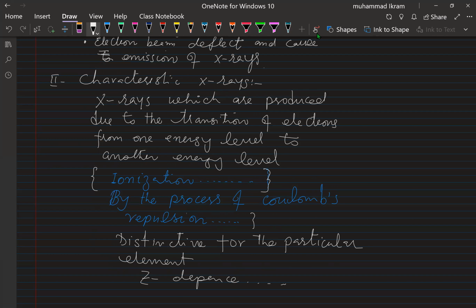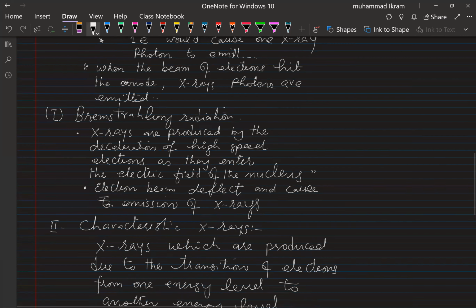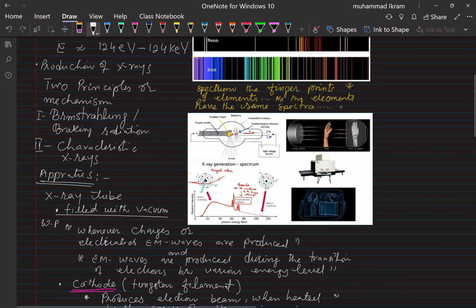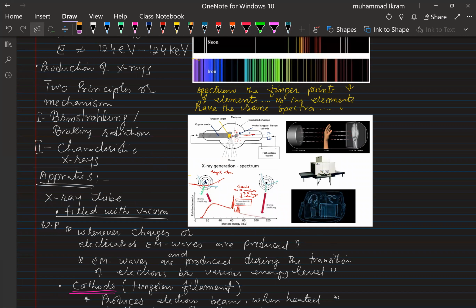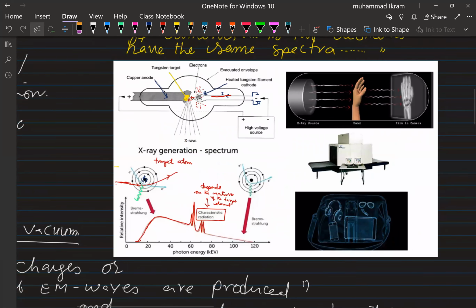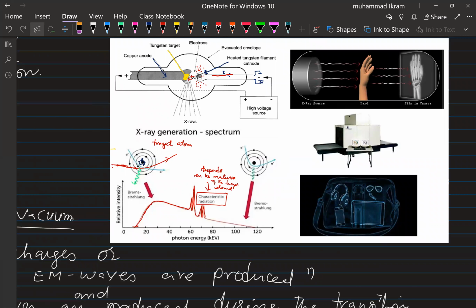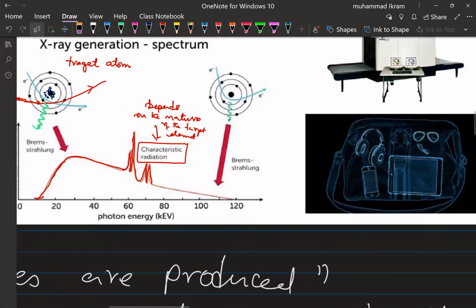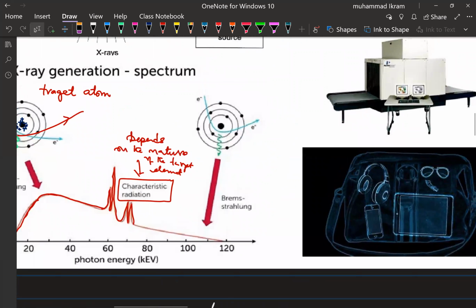So here you see how the transition of the X-rays occurs. I'm sorry, there is no diagram here for the characteristic X-rays, but let me do it right over here.